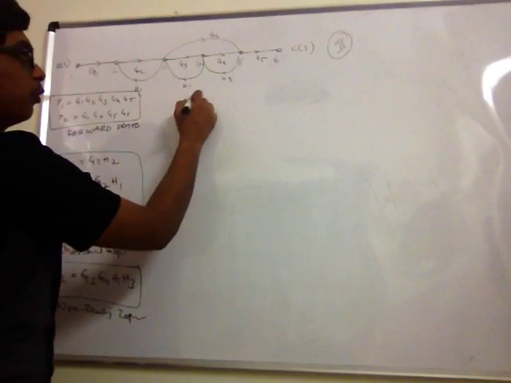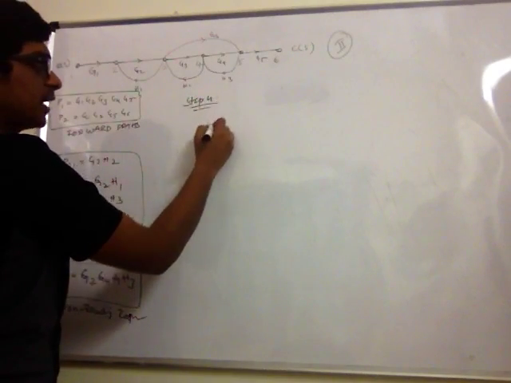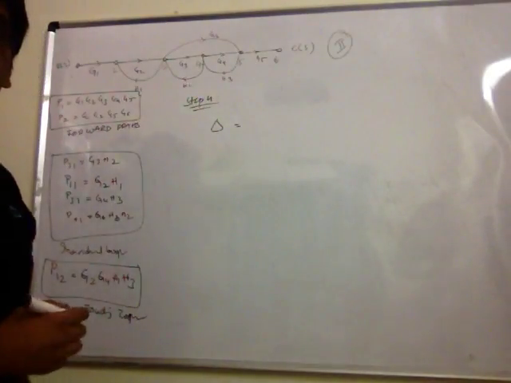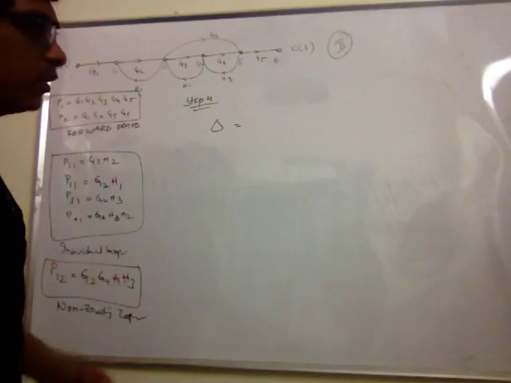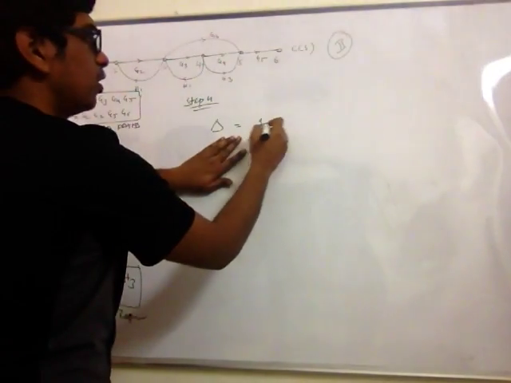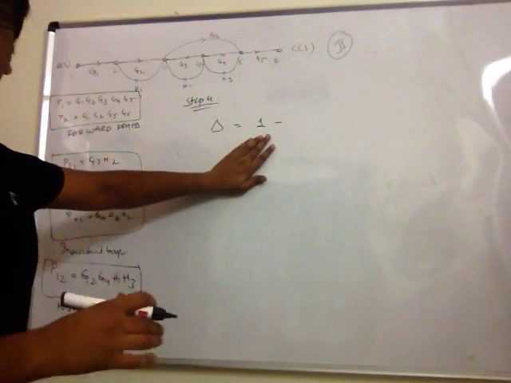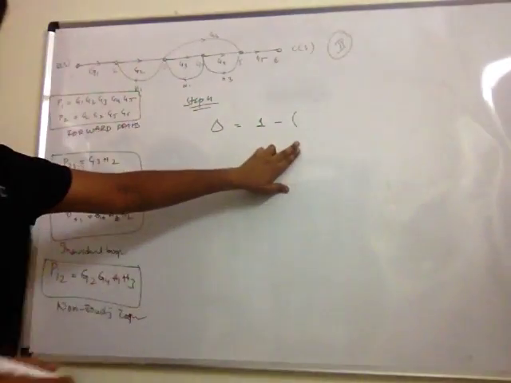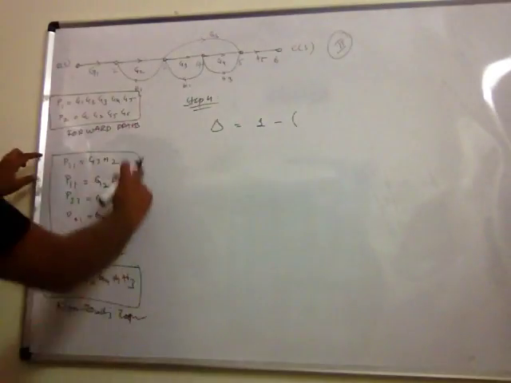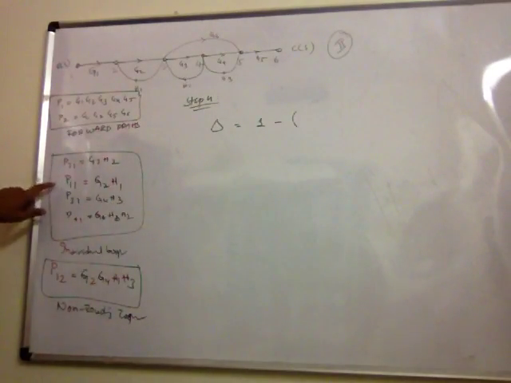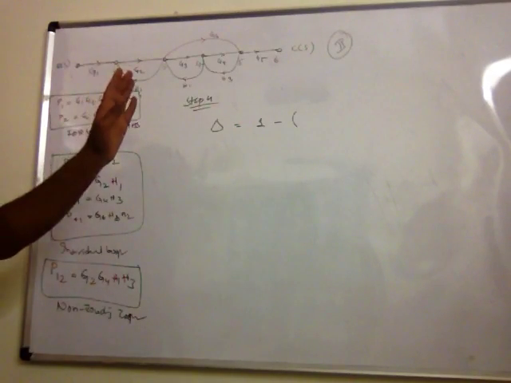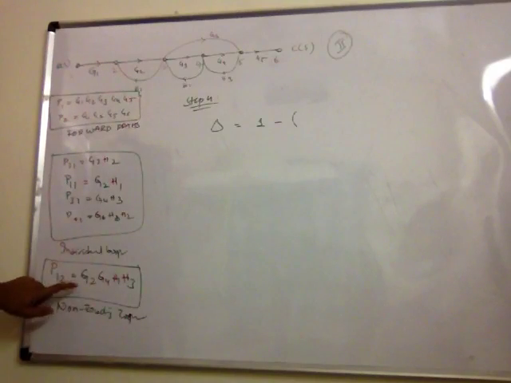So I'm just putting this aside for now. Now, step 4 is calculating the value of delta. So value of delta is nothing but 1 minus the sum of the individual loop gains. The sum of the individual loop gains plus the sum of the product of the non-touching loop gains.